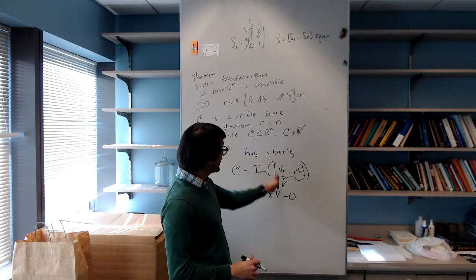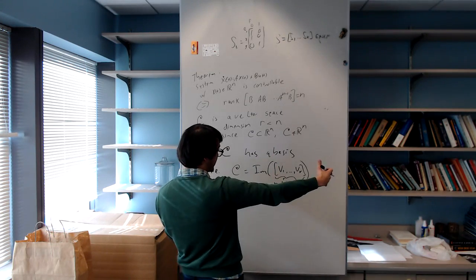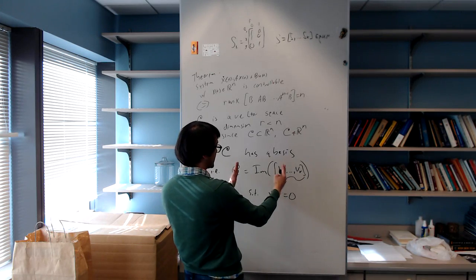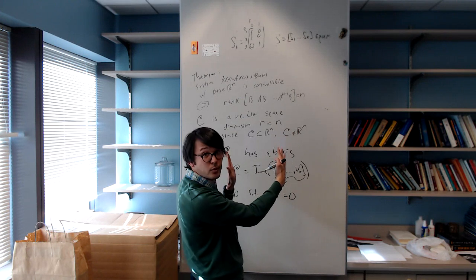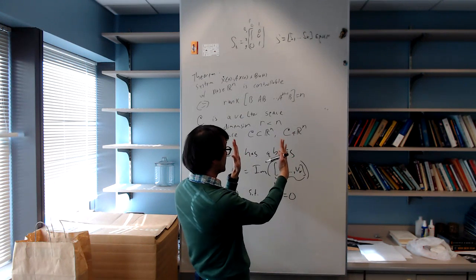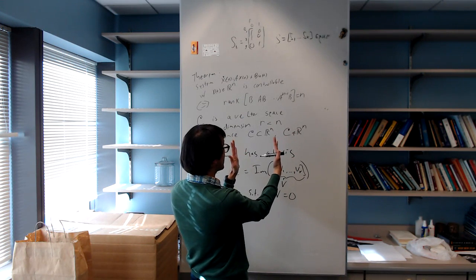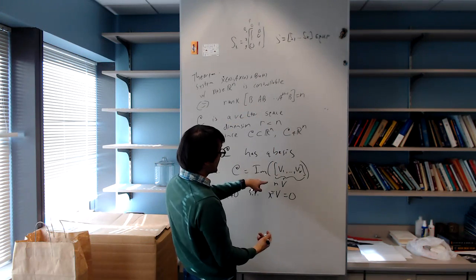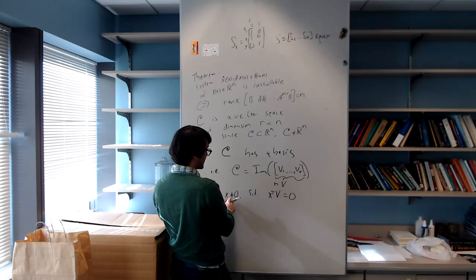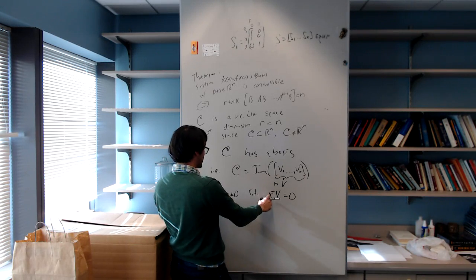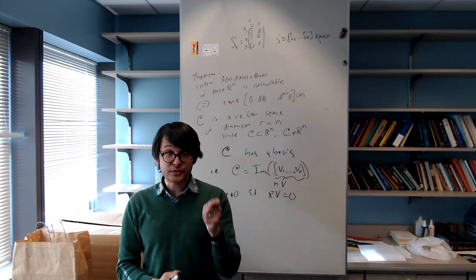Because this is a rank r matrix, a tall matrix, where r is strictly less than n. We've got this matrix with fewer columns than it has rows, and it's full rank in that r. That tells us there's a non-zero vector such that if I hit V on the left with it, it is equal to 0.